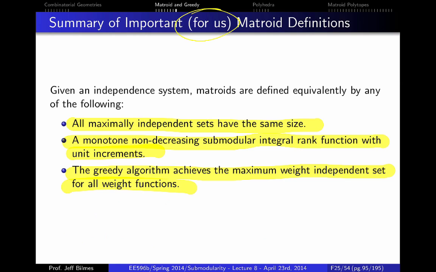So we're going to generalize the notion of sets, and that's what's going to define submodularity. So keep this slide in mind, because each one of these bullet points will have a corresponding definition which will define a polymatroidal function, which we know to be any submodular function plus a modular function.